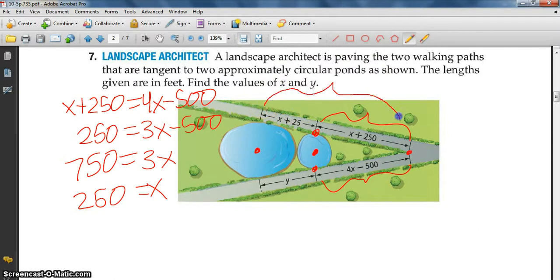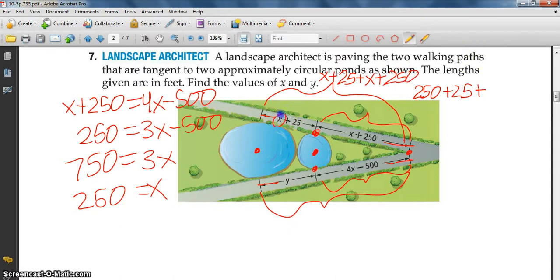So now I have this length from here all the way to there is equal to this length from here all the way to there. So I can set those 2 equal. So I'm going to set x plus 25, where x is 250, plus, so this entire length would be x plus 25 plus x plus 250.